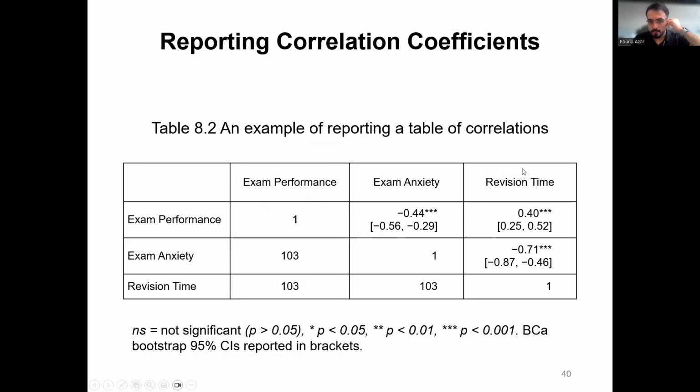We just care about exam performance and exam anxiety, exam performance and revision time, and also exam anxiety and revision time. So in this matrix, we are looking at just 3 cells. For example, exam performance and exam anxiety.